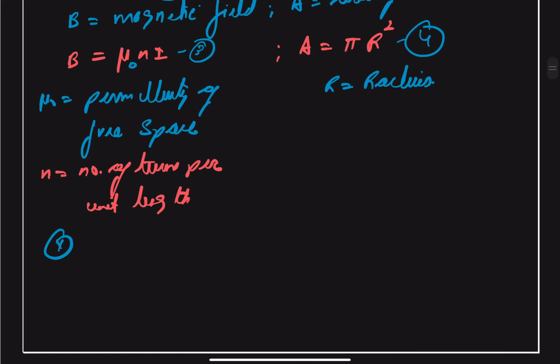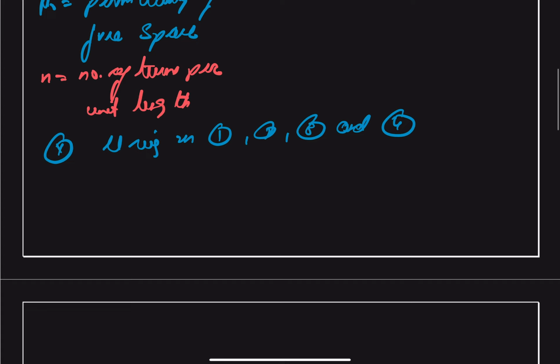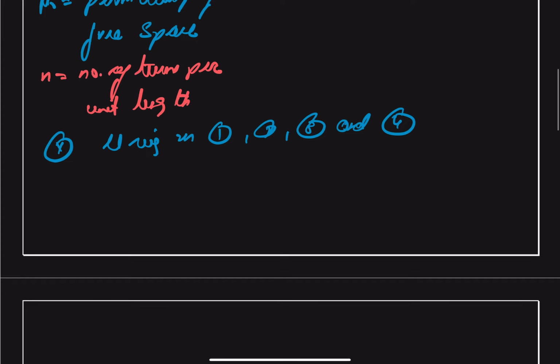So using equations 1, 2, 3 and 4, we can write that L prime I will be equal to N B A. From here we can write L prime will be equal to N B A divided by I.